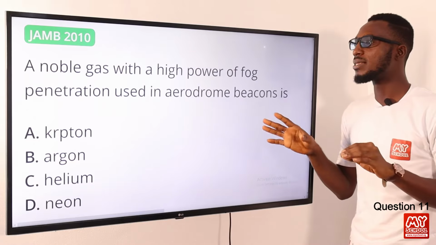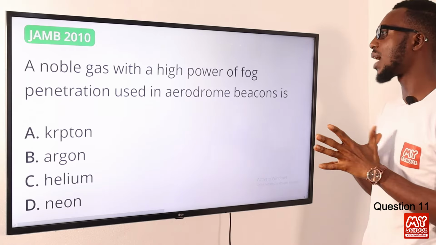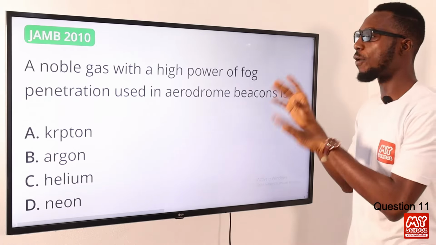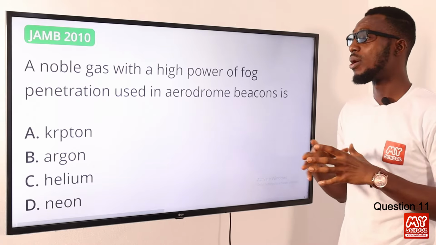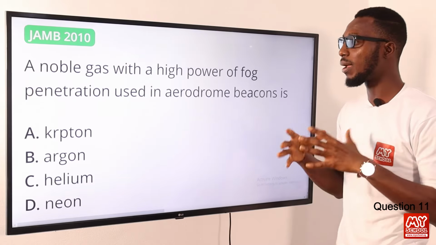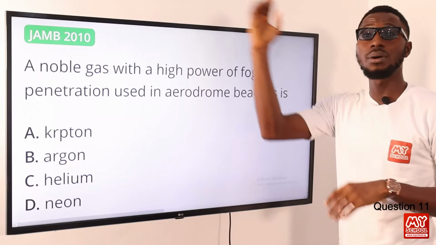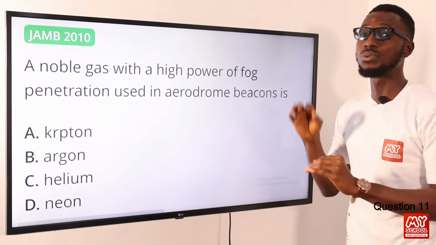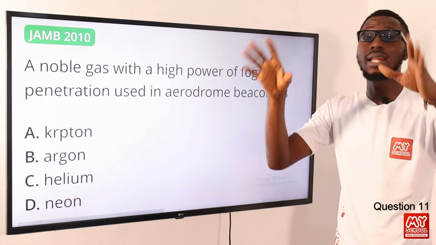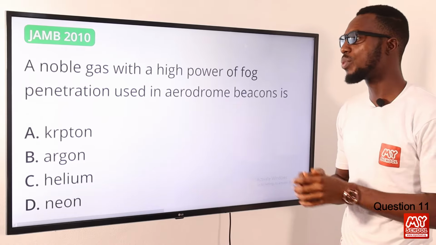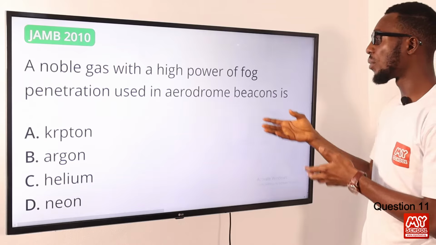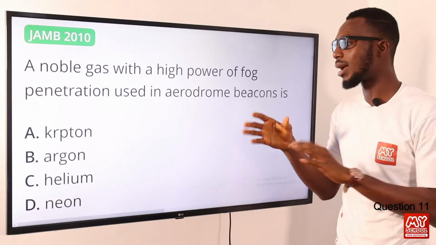So we're looking at what noble gas has this high power to penetrate fog. In case there is fog, on a regular day there should be the penetrating power of that noble gas, even 50 miles apart, so you should be able to see and know there's an airport around. We can refer to the aerodrome beacon as a rotating beacon or aeronautical beacon.